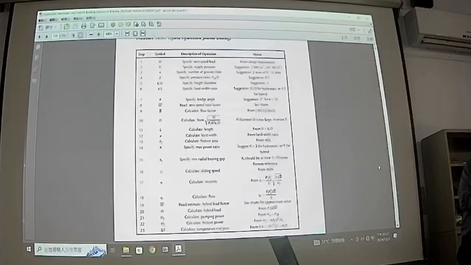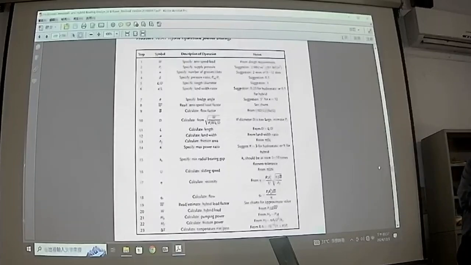Is there any question? 有没有任何问题？So you can have a look at chapter 7, chapter 9, chapter 10 for the tabular design procedure.